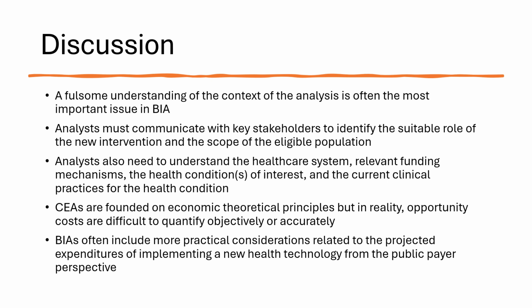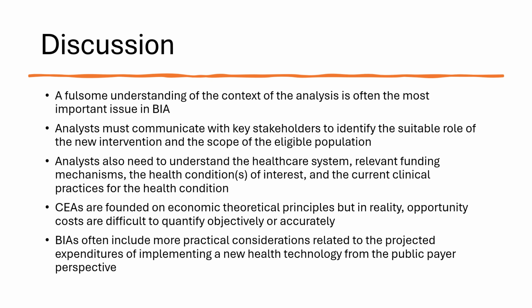CEAs are founded on economic theoretical principles, but in reality, opportunity costs are difficult to quantify objectively or accurately. BIA often includes more practical considerations related to the projected expenditures of implementing a new health technology from the public payer perspective.